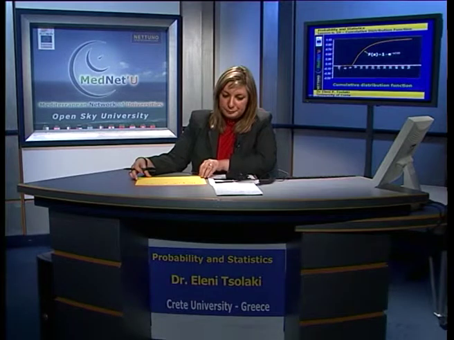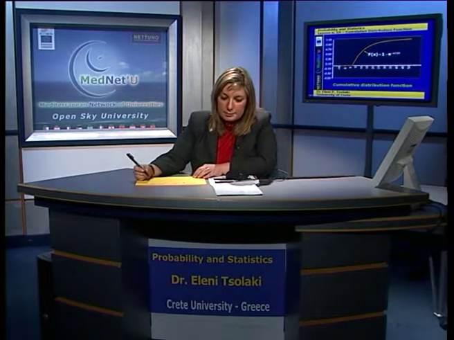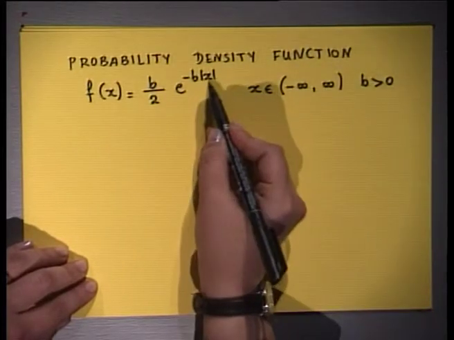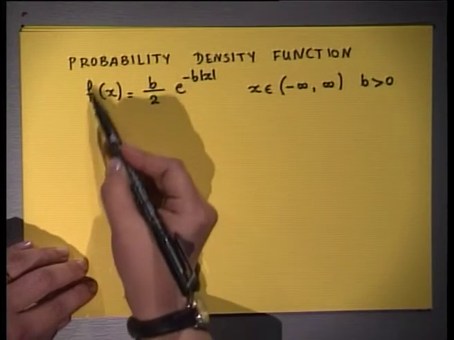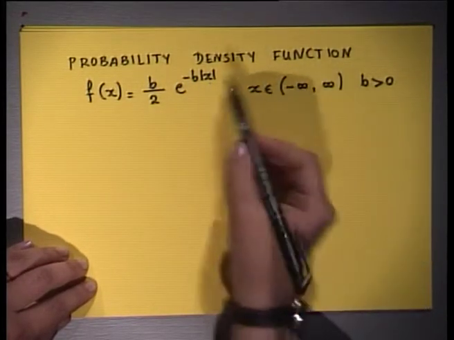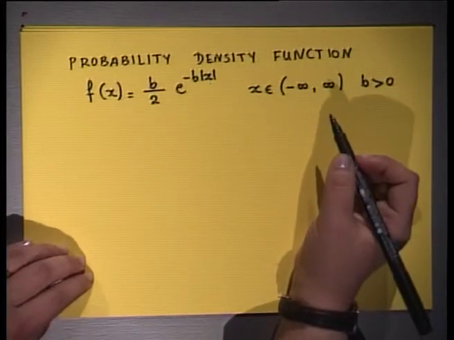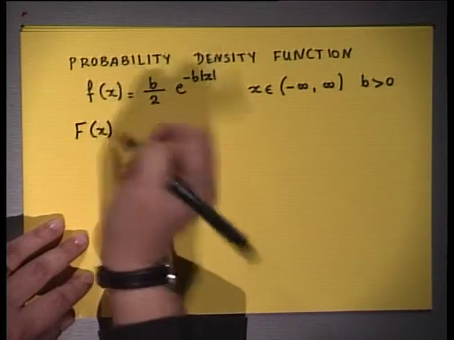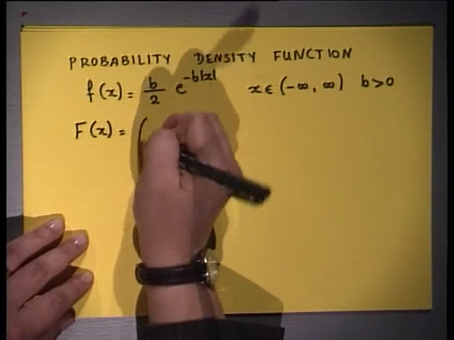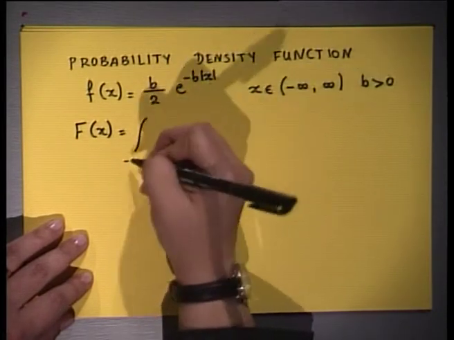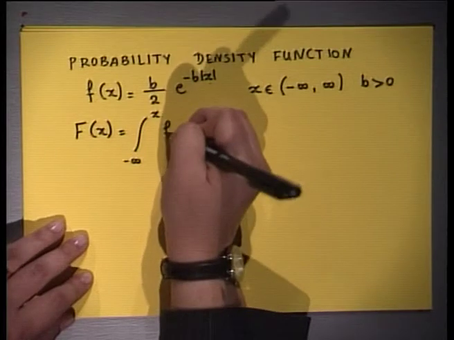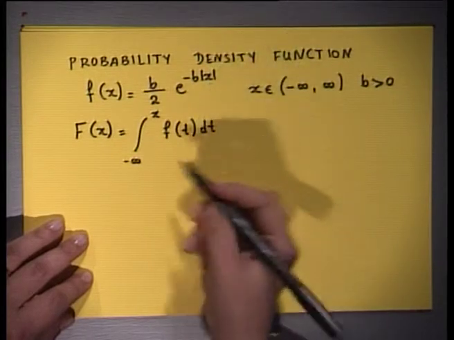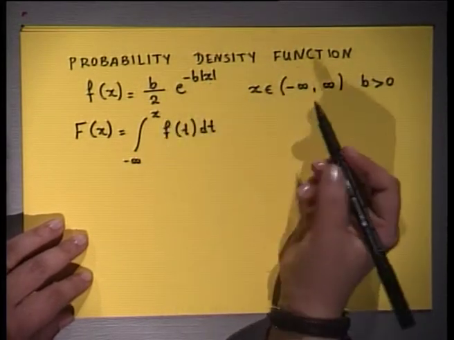So we have to take two cases in this example, as the formula here will change depending if x is positive or negative, and we have that F of x from the definition is the integral which has to be evaluated from minus infinity to x.